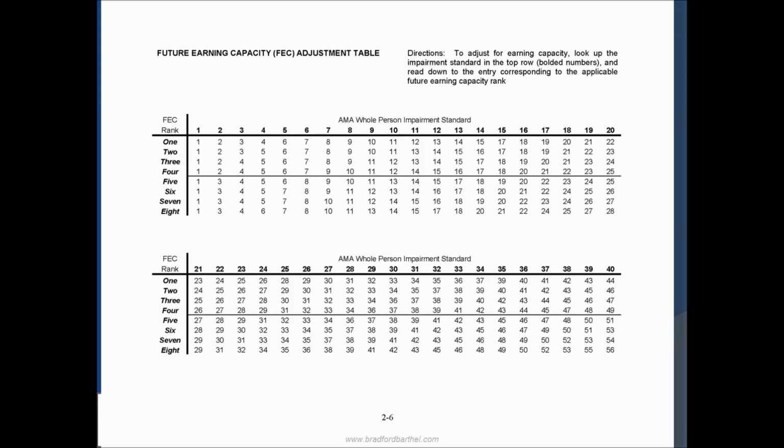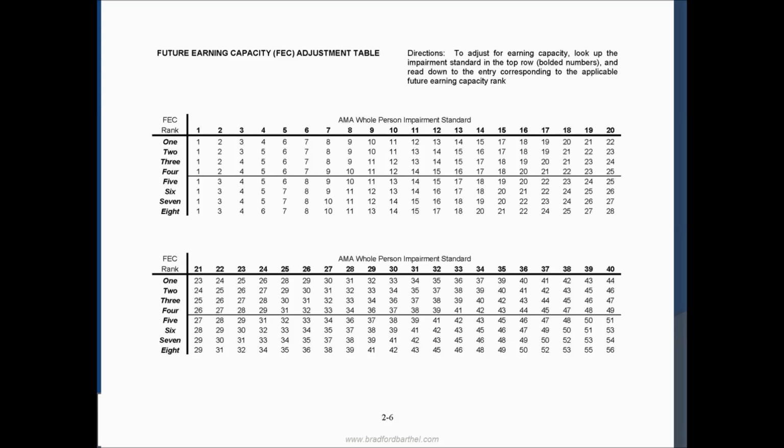This next slide is taken from the 2005 Permanent Disability Rating Schedule from Section 2, and it's the FEC Adjustment Table. Just wanted to show you what that is, and that's discussed on pages 1-5 through 1-7 of the rating schedule.